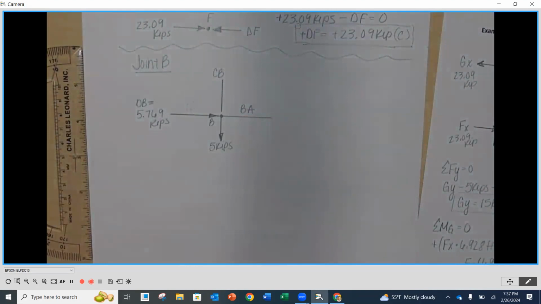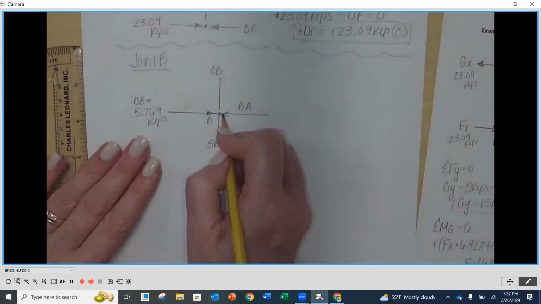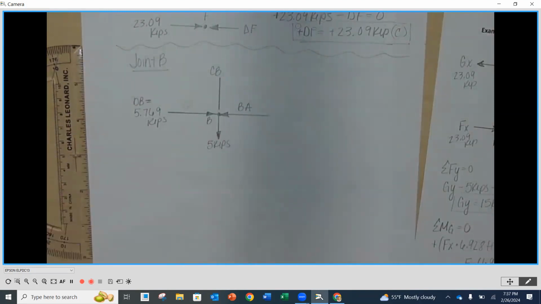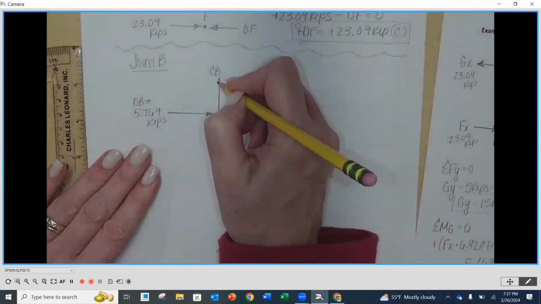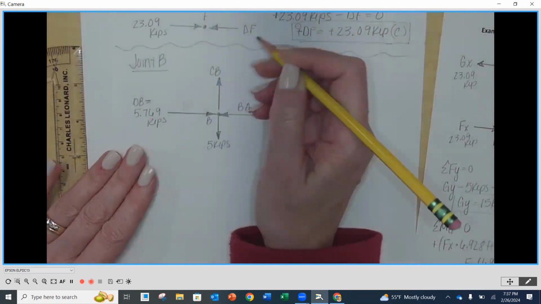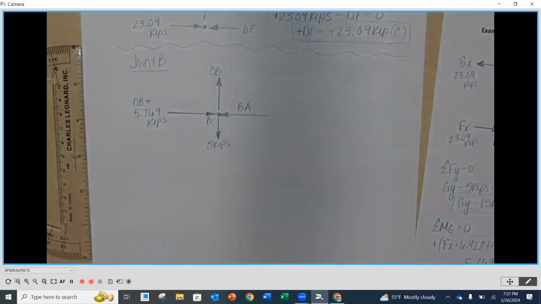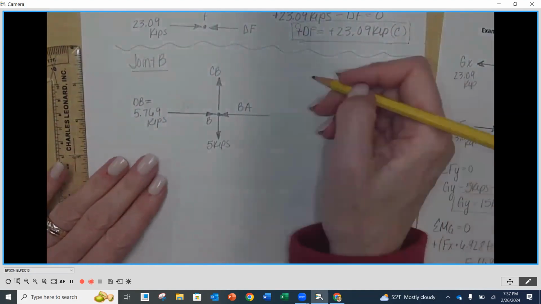So logically, there's only one other X directed force, right? Should go to the left. So BA should go to the left. We'll find out. And then we didn't do C yet, but there's only one other Y force, right? So since we have 5 kips going down, should have CB going up. So go ahead and solve for BA and CB.